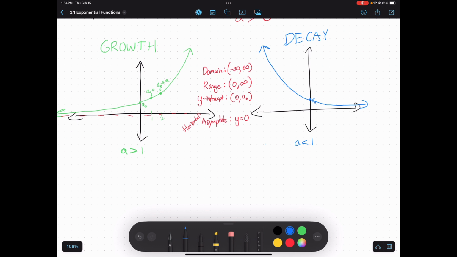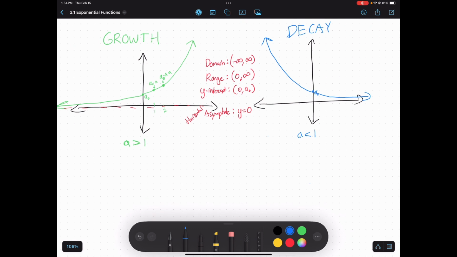I will say, though, that decay is also very commonly written in a slightly different way. So you can also see decay written like this, where a is actually bigger than 1 and the exponent is negative.